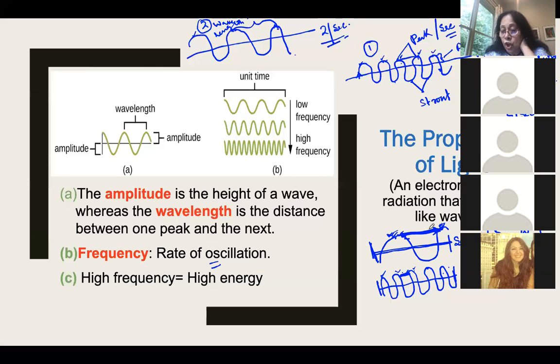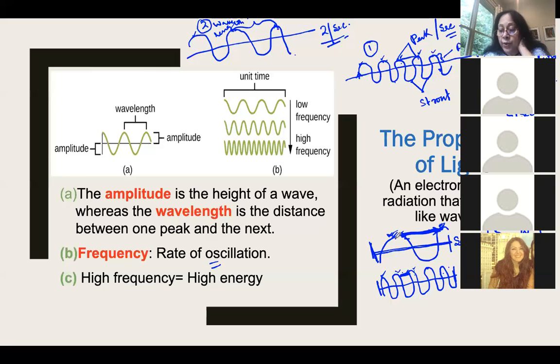Okay, so if we denote frequency with F and wavelength with W, we can represent the relationship between frequency and wavelength this way. If frequency increases, wavelength decreases.